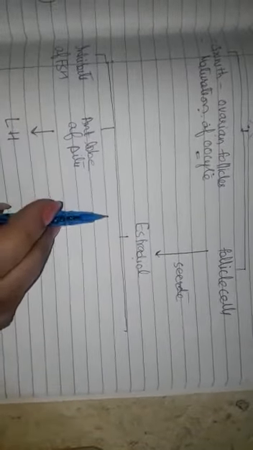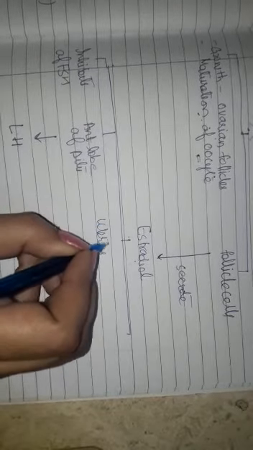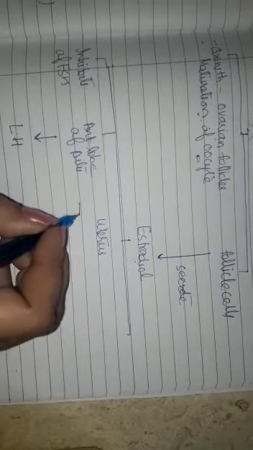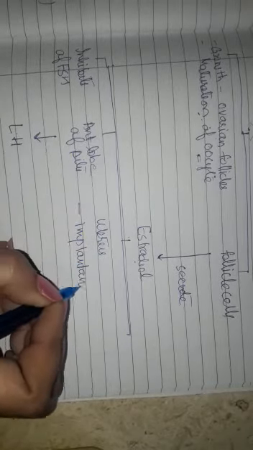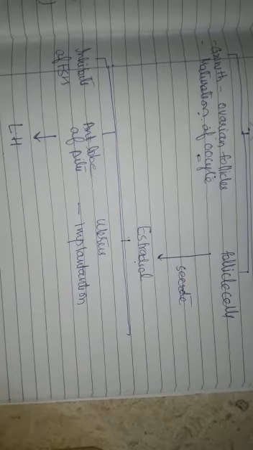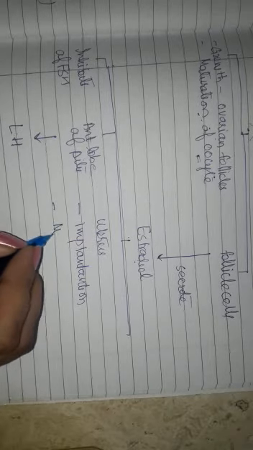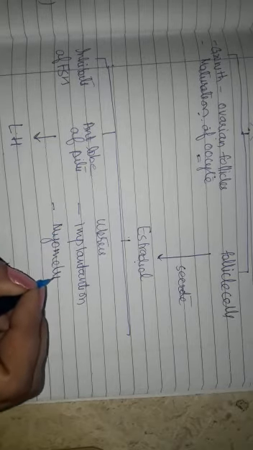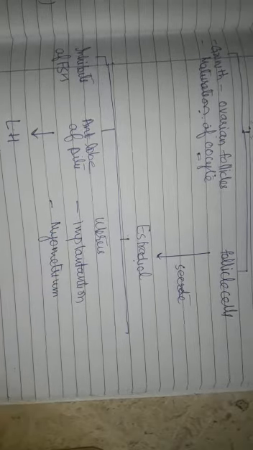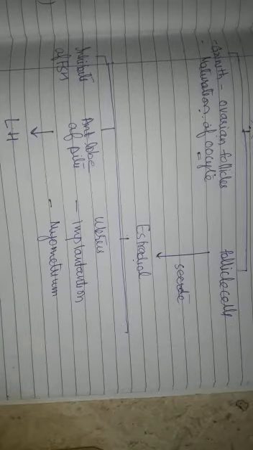Now estrogen also acts upon uterus, and it prepares the uterus for implantation. How does it prepare the uterus for implantation? The uterus has 3 layers: endometrium, myometrium and the perimetrium.